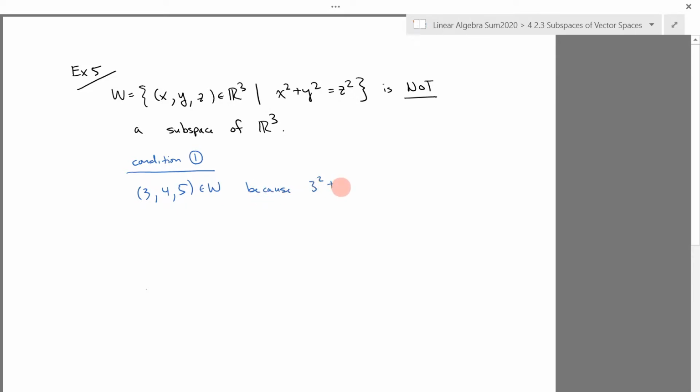3 squared plus 4 squared is equal to 25, which is equal to 5 squared. And let's pick another one: 5, 12, 13.